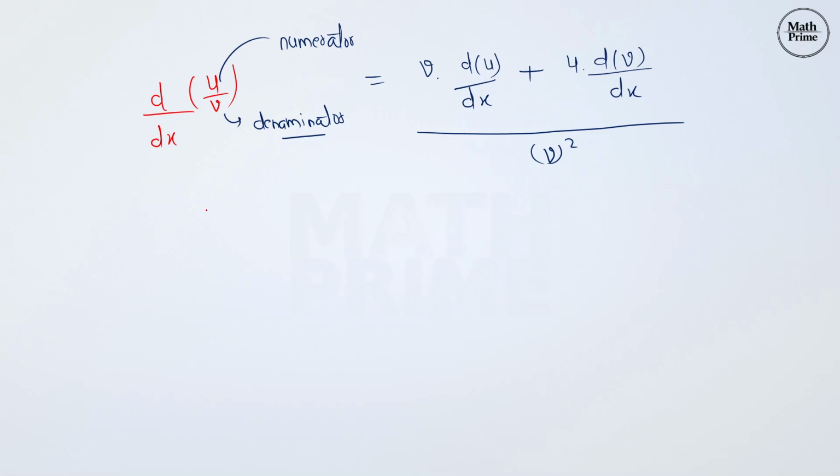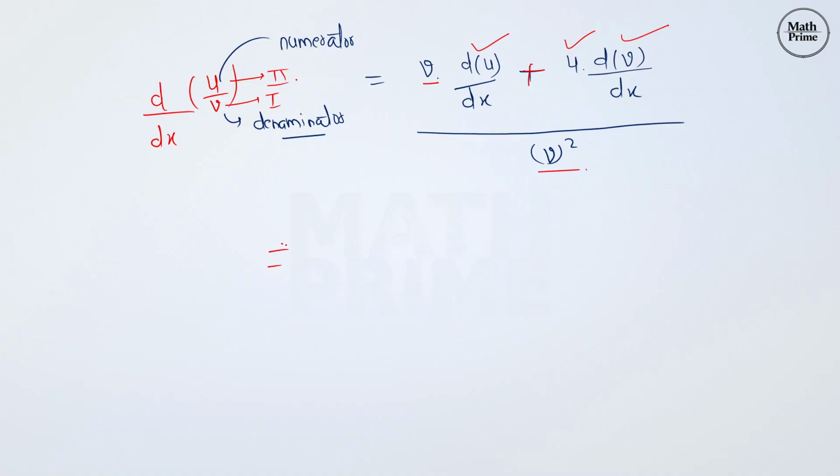Simply you can write this as this is first function, this is second function. Now first function as it is derivative of second plus second function as it is derivative of first upon second whole square.